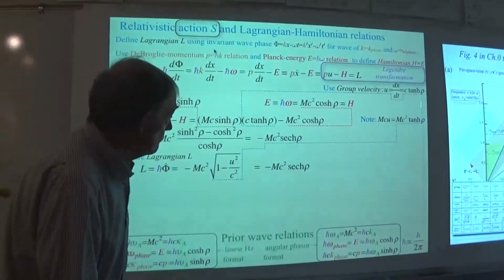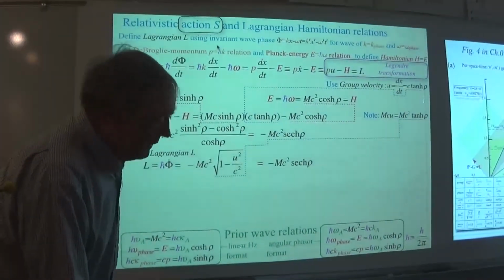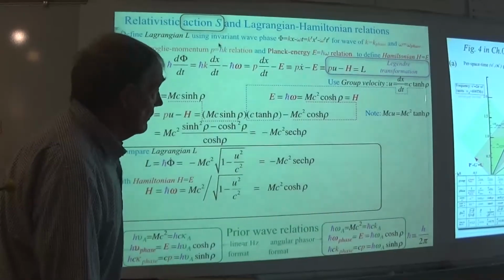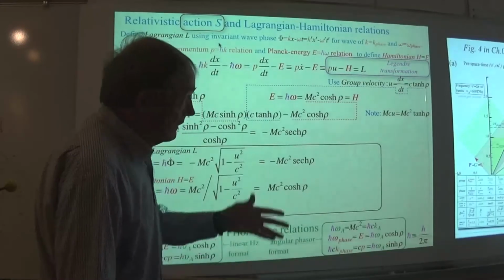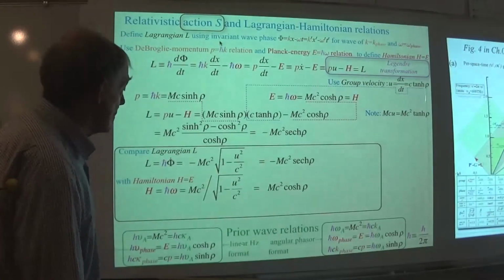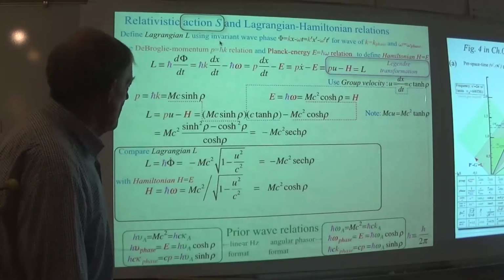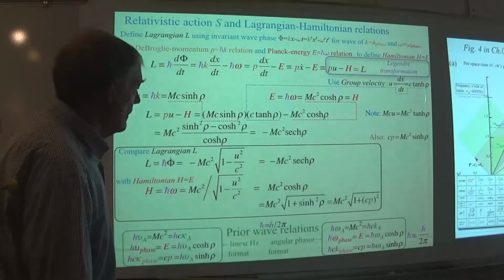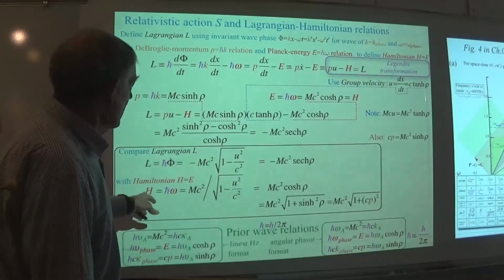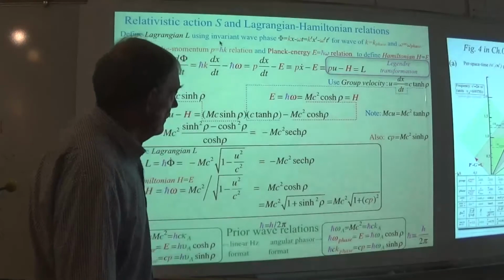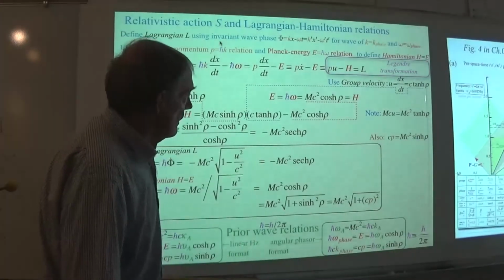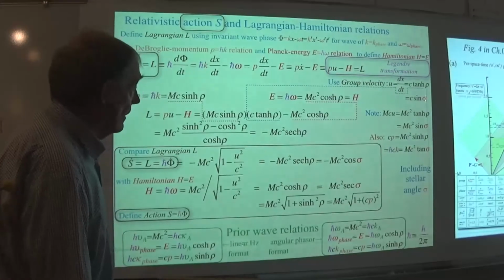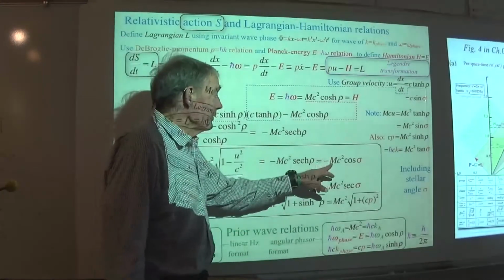That hyperbolic secant is definitely part of the story on these, in this geometry. So let's see if there's anything else I can mention here. This is just working out the Hamiltonian again from the hyperbolic cosine, and this one from the hyperbolic secant. And this one, this is kind of interesting.